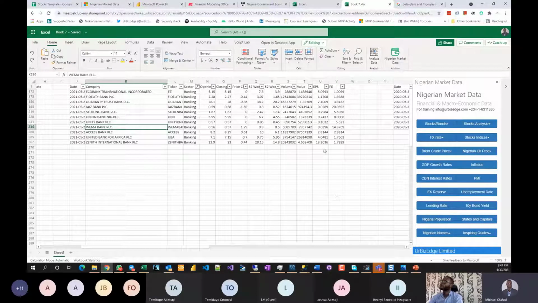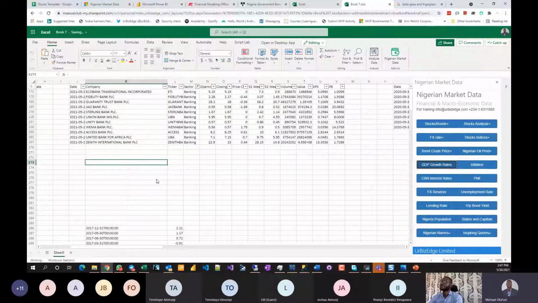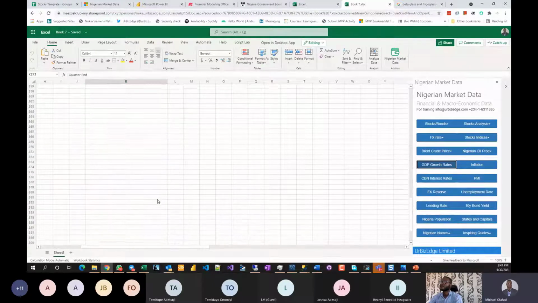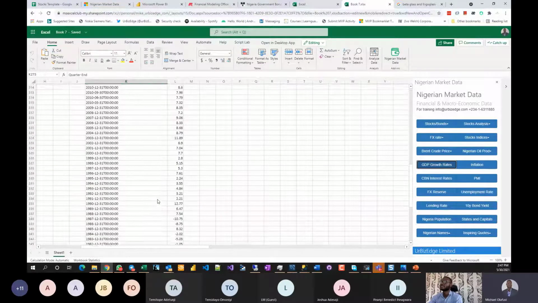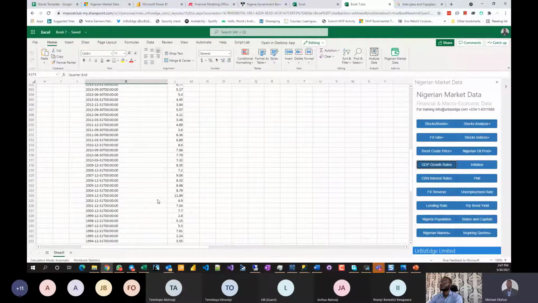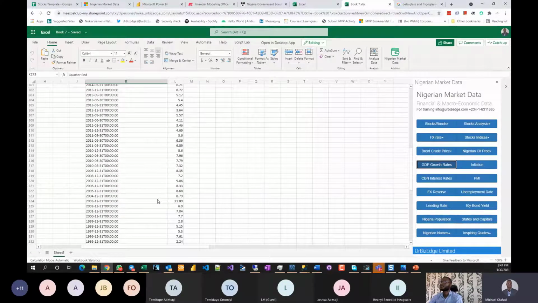So I want to move on. As you can see, you can also do GDP growth, and it will show you what our GDP growth has been, going as far back as 1980. So you can see this country has not been doing very well.